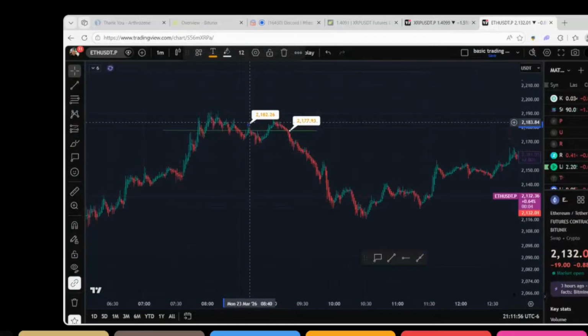So what time does your TradingView say right now? Right now it's 11:10 on mine, 11:12 current time. Is it saying 2112 or 2212?